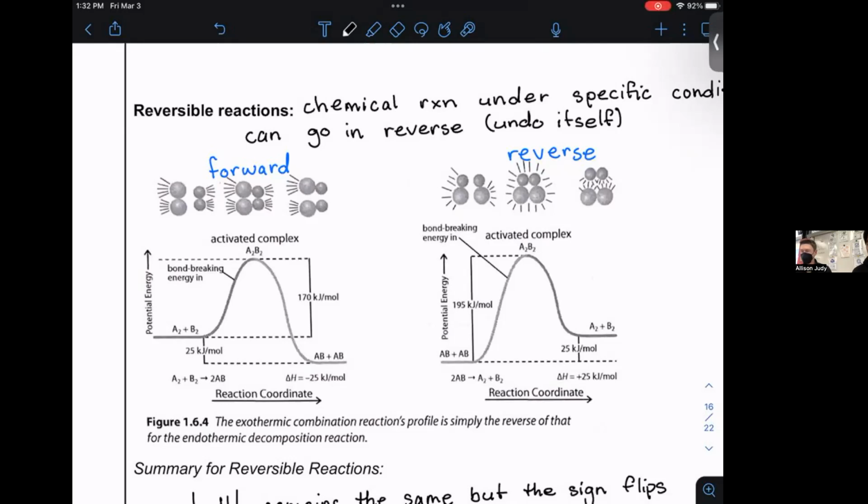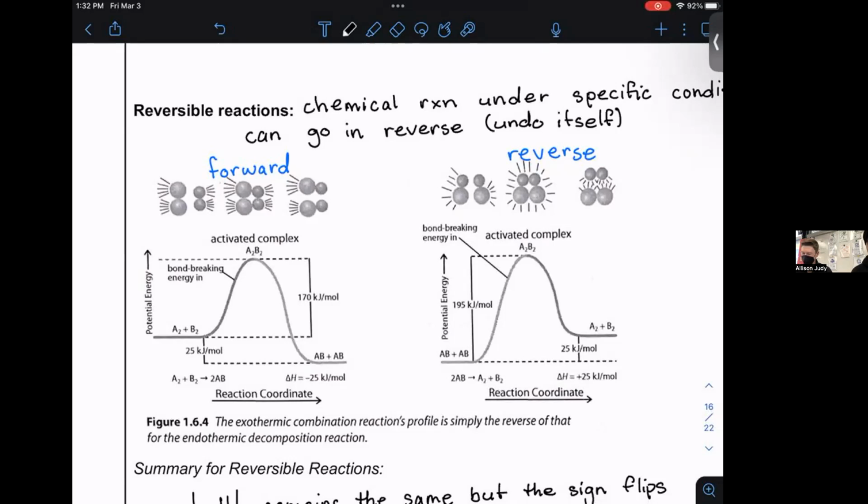Eventually they separate and we're left with some new unknown compound. On the reverse side, we start with our compound with two different elements, they hit each other again, and we go back to our diatomic state. These reactions will usually be happening simultaneously, a bunch of them at the same time.